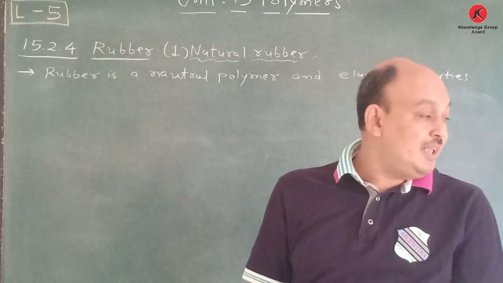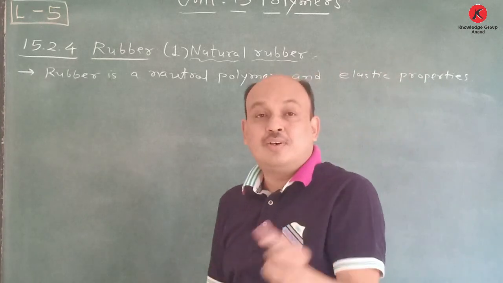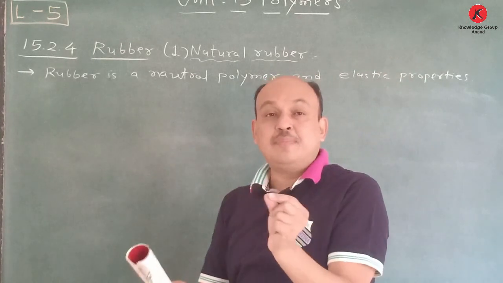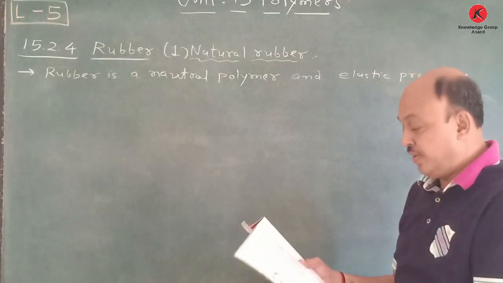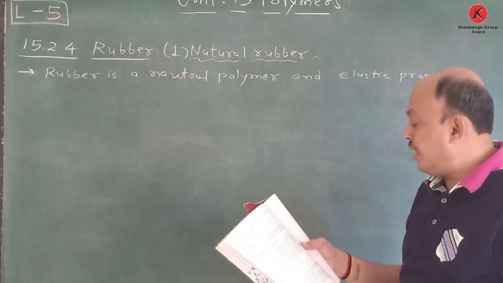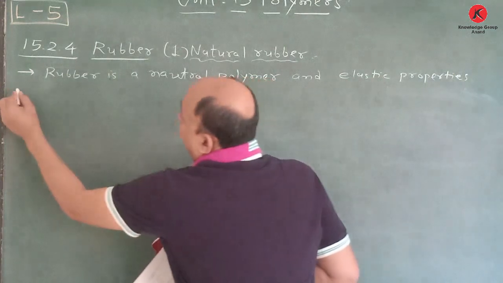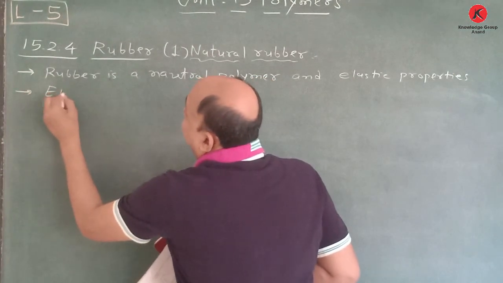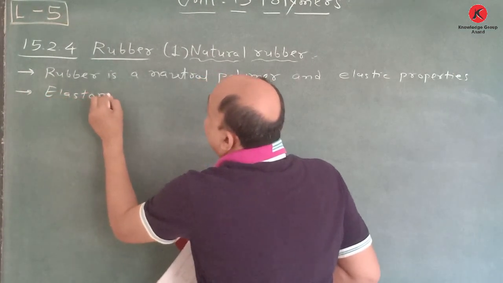You know this one: if you take any rubber, just take your rubber band or an eraser, it possesses elasticity. So it is also termed an elastomeric polymer.